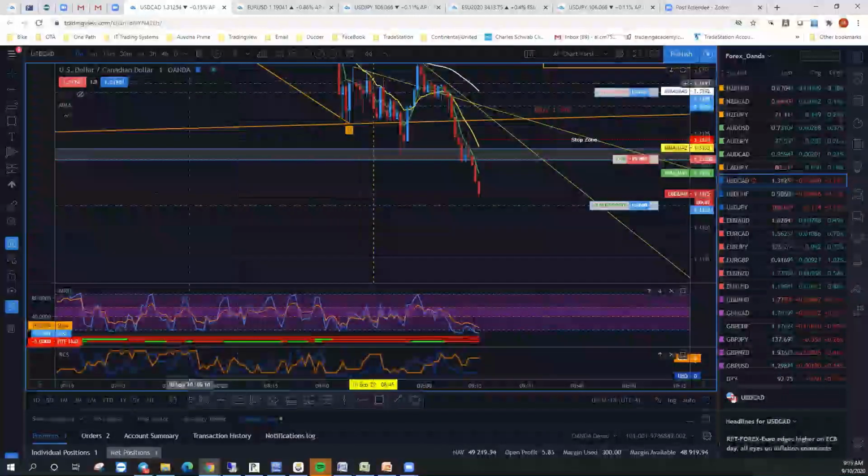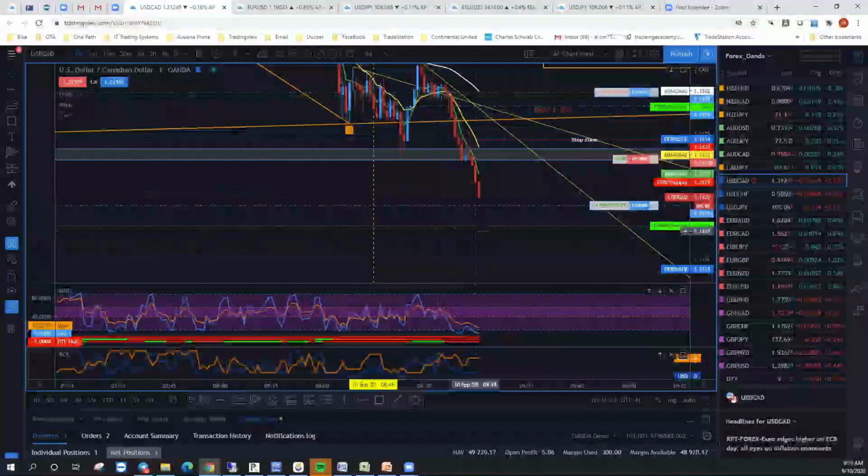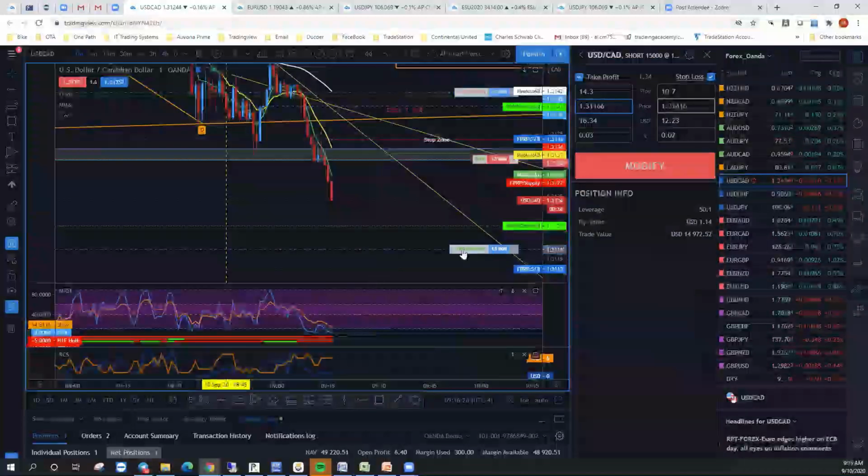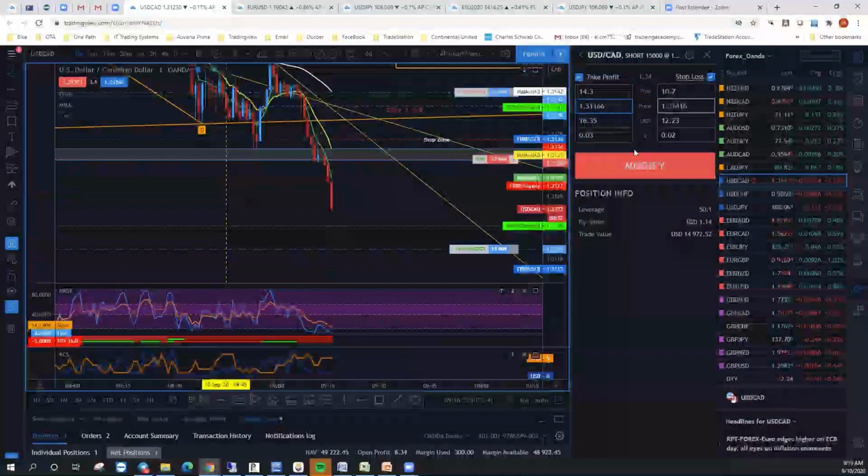Look at my fib lines, see where my fib lines are. Here's the green line, so I believe we're at least probably going to test it. I'm going to leave it down to about there. That gives me 14 pips.